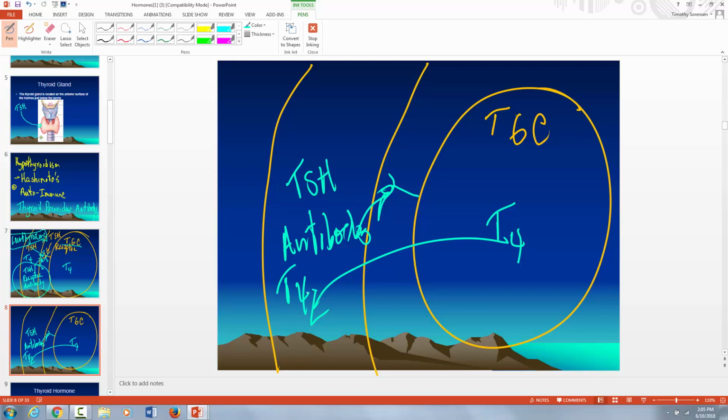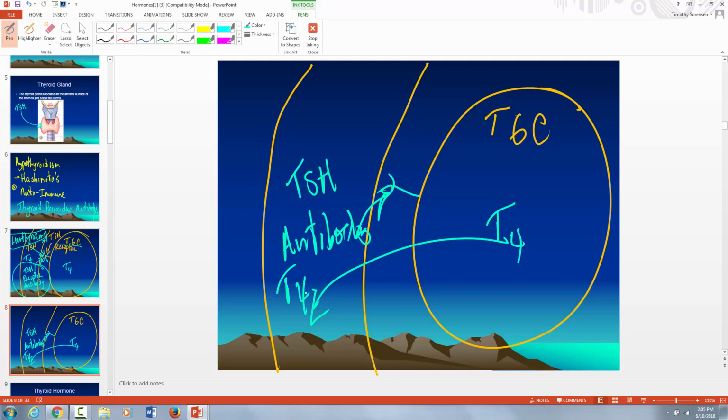The result is that T4 will circulate to the liver and be converted to T3. So in the early stages of Hashimoto's, the person may present with signs and symptoms of hyperthyroidism. And how you diagnose that is by measuring that thyroid peroxidase antibody. And that can give you an idea as to whether or not it is truly hyperthyroidism or if it's hypothyroidism.